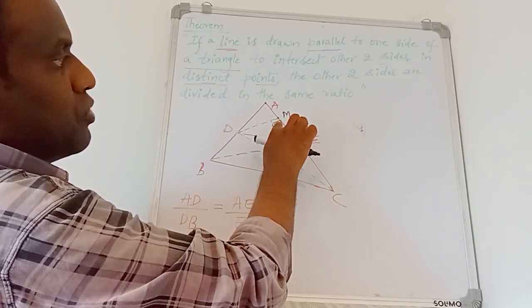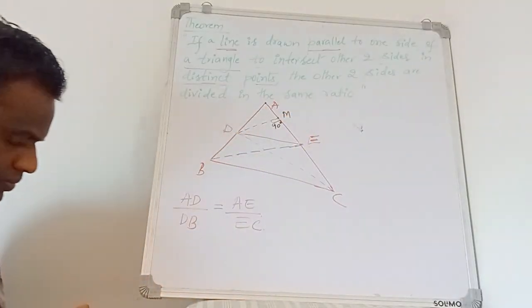Perpendicular means they form a 90-degree angle. That's the meaning.